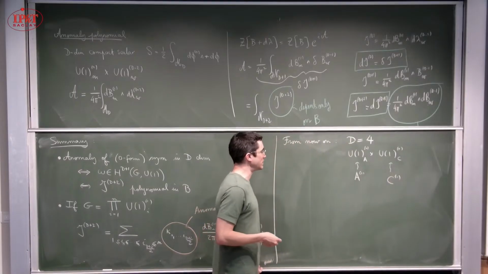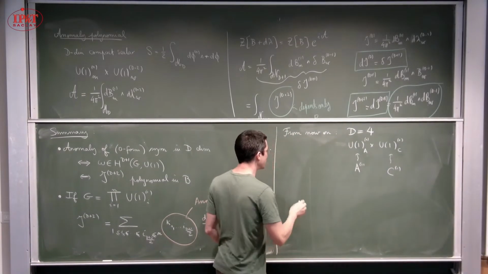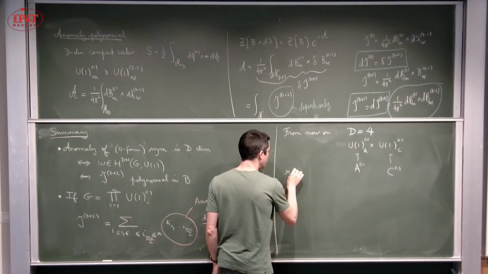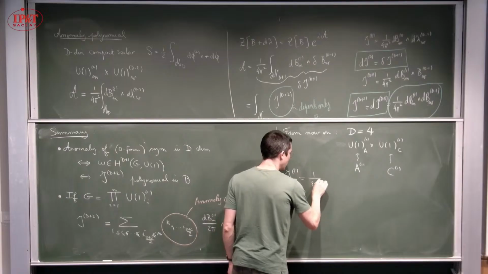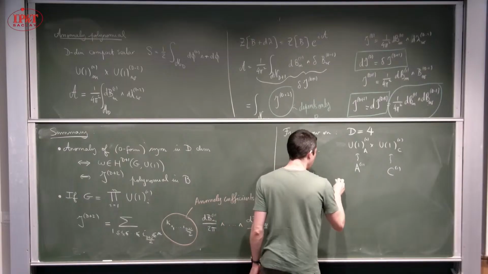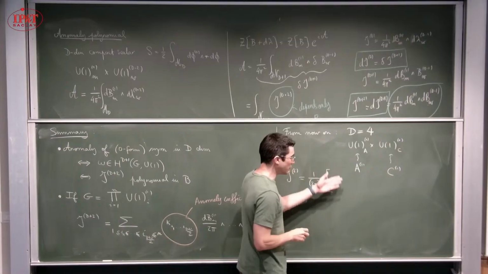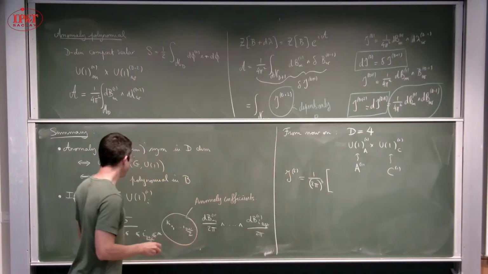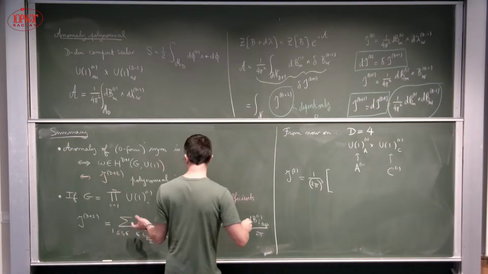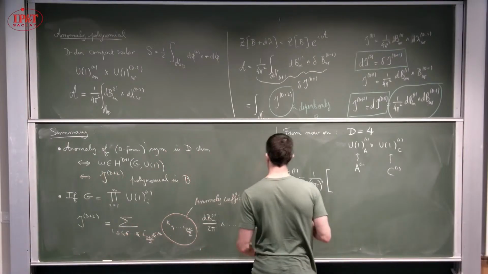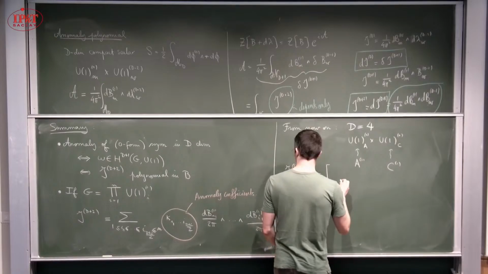These are the background gauge fields. And now all the anomaly content is contained in an anomaly polynomial, which is I6, which is 1 over (2π)^3. And then I have how many terms? 4 terms. All possible ways to put 3 things together in a symmetric way. So let's write all the 4 terms.